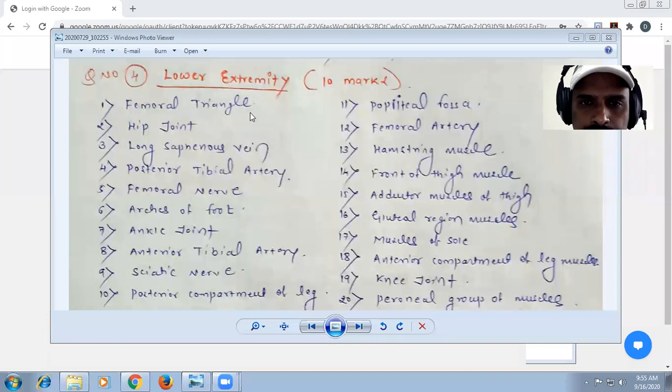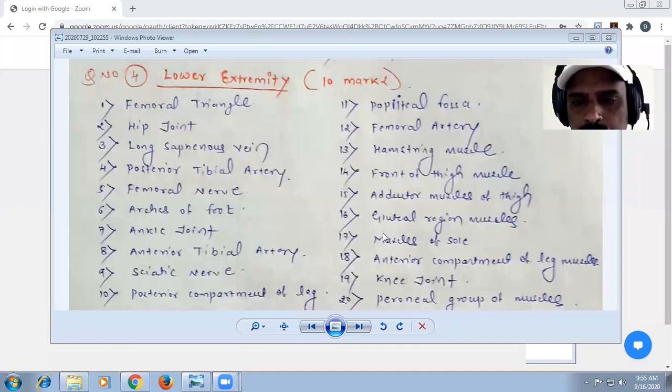One is femoral triangle, great saphenous vein is asked, femoral nerve is asked, arches of foot is asked, sciatic nerve is asked for 10 marks, hamstring muscle is asked, popliteal fossa is asked, femoral artery is asked, obturator nerve is asked, then next is knee joint. So these are the most important questions which are asked commonly.